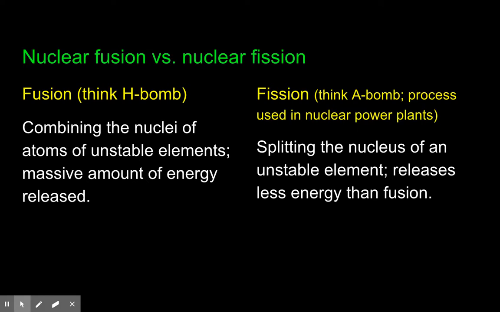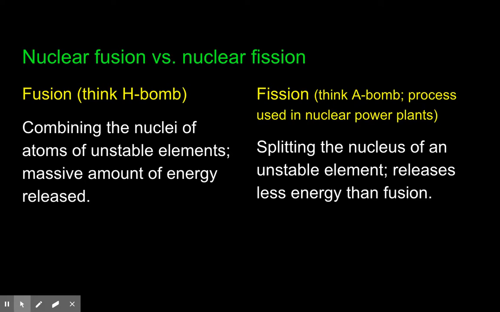The other process is fission. Here, think atomic bomb, the bombs that we dropped on Hiroshima and Nagasaki. And this is the same process that we use extremely safely in our nuclear power plants. Here, what we do is we actually split the nucleus of an unstable element, and that releases a lot of energy also.